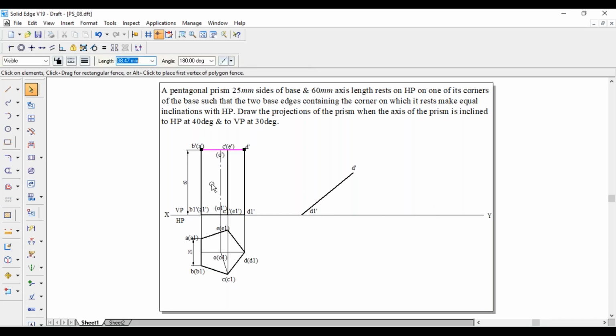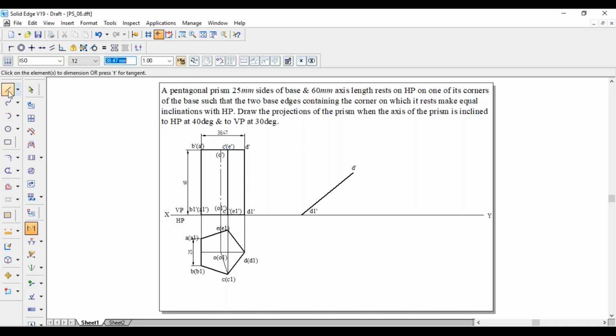Now these two horizontal lines are perpendicular to d dash d1 dash. The length of those lines is 38.47 mm. Now from d1 dash, draw a line perpendicular to d dash d1 dash for a length of 38.47 mm.